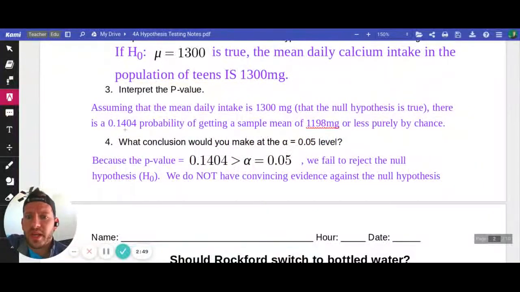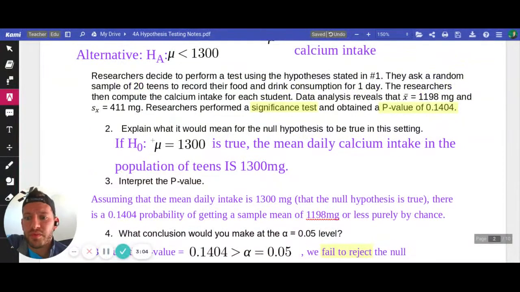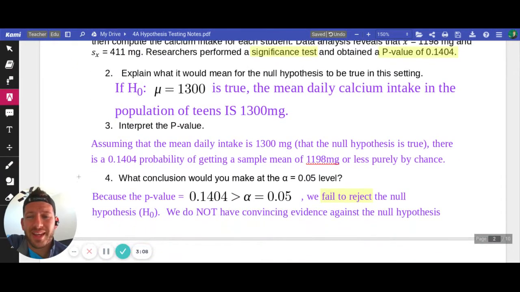And so where are we at here? Because that p-value is greater than the alpha level, we will say we fail to reject the null hypothesis, and that we do not have convincing evidence that the mean being 1,300 milligrams is not true. So we can't say that it's not.